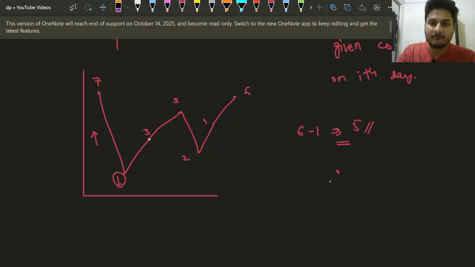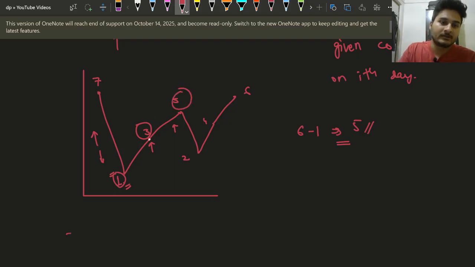So for 1, we check whether the stock is rising or decreasing. For 1, it's decreasing. So from 1, we will keep track of the profits. So 3, 5, sorry, 5, 3. 3 minus 1 is 2, 5 minus 1 is 4. So right now our maximum profit is 2.